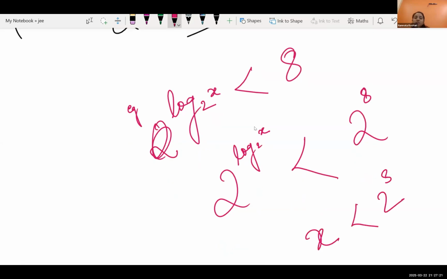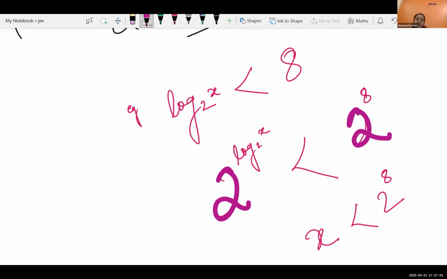Is it making sense, Mira and Upasna? Can you see we have taken the exponent of 2 and the exponent of 2 over here? Then this one will be 1, right? We will just end up having x over here, and x is smaller than 2 to the power 8. This way we don't have to get confused about where exactly we will substitute 8 and which side we will take which number, right?